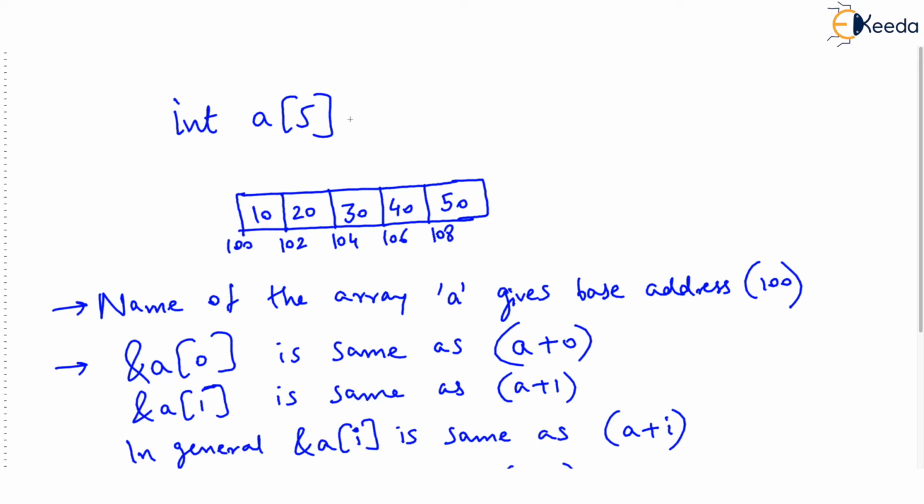Now, note this declaration. Imagine that I have declared an array A of 5 elements. Then in the memory of the machine, these 5 cells or 5 elements are stored in continuous locations as a sequence of bytes.